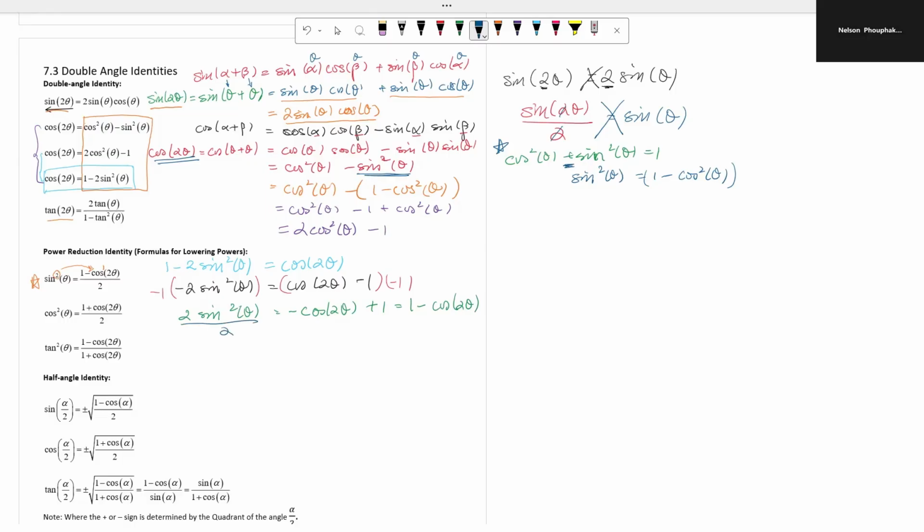Then if we divide both sides by 2, I will have sine square theta equal to 1 minus cosine 2 theta over 2.